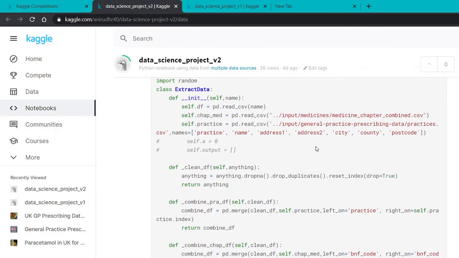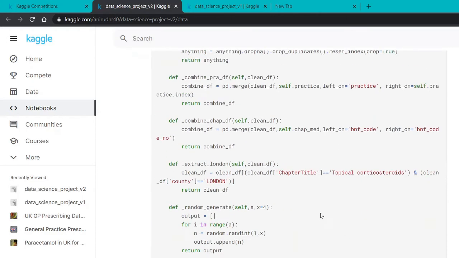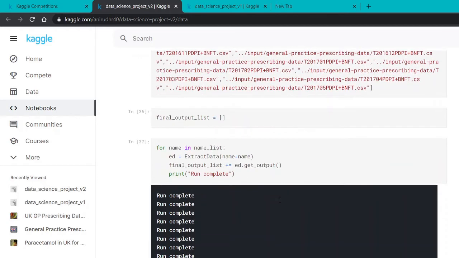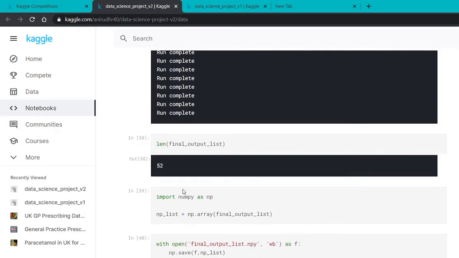We've combined different data frames, and based on the processing, we were able to extract 52 values, that is, over the year's time for each week, the amount of topical corticosteroids sold in the county London. For this data, we're now going to perform time series analysis to forecast the medicines in further weeks and months.